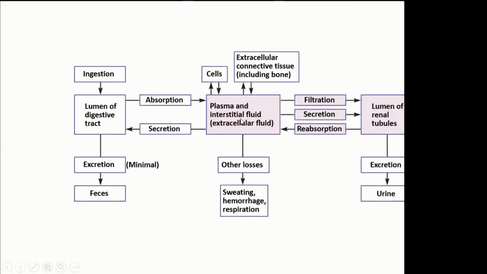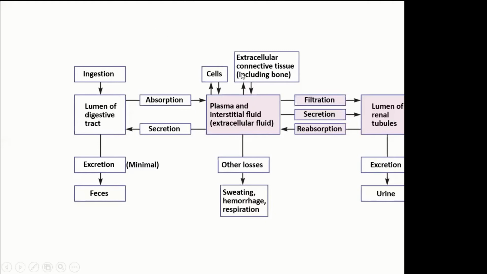That's going to go into your plasma and interstitial fluid. You're also going to secrete things back into the digestive tract, like bile, and you'll be secreting things like insulin. So stuff is going to come out of the plasma as well in that process.